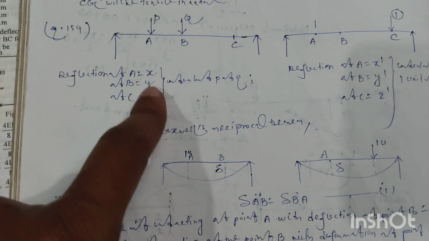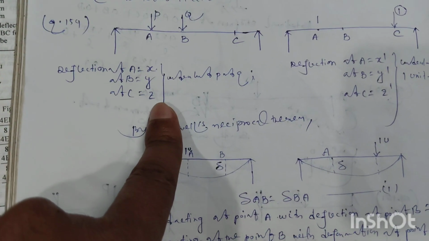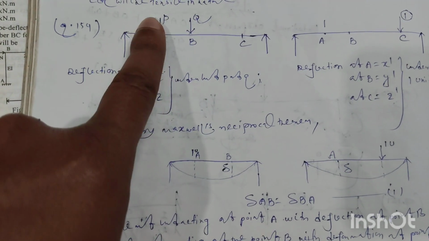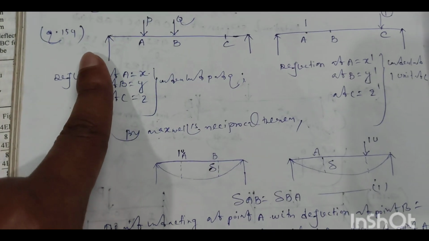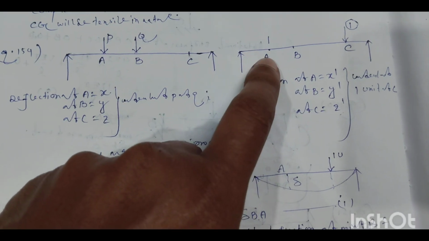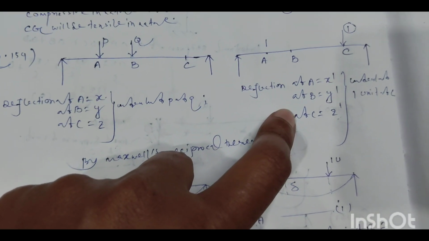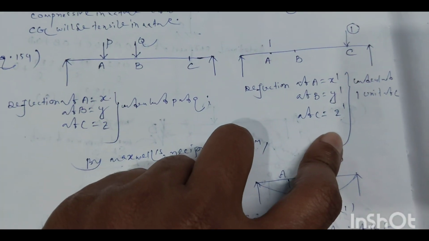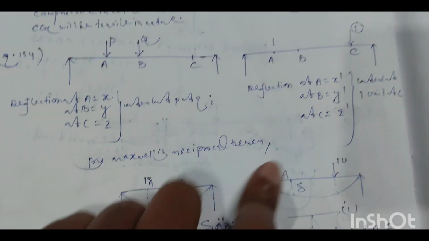Deflection at A is equal to X, at B is equal to Y, and at C is equal to Z under the loads P and Q. These are the two concentrated vertical loads. In the second case, the deflection at point A is X dash, at B is Y dash, and at C is Z dash under only the concentrated load of 1 unit at point C.